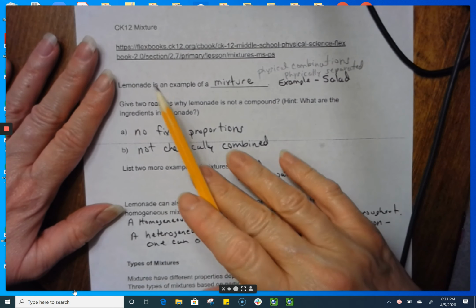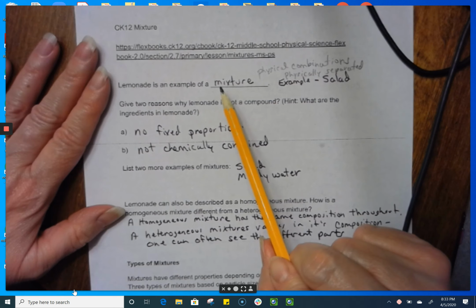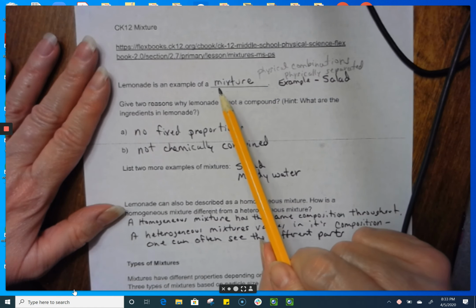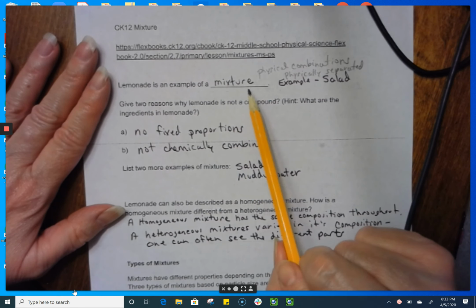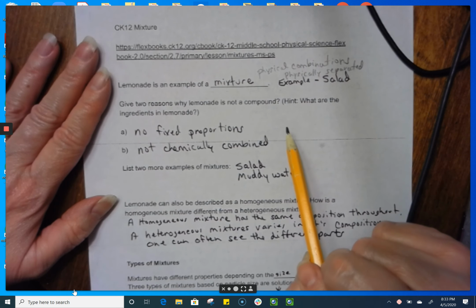On the CK12 handout that I pushed out, it talked about lemonade, that lemonade's a mixture. It's not a compound, because you can squeeze 1 lemon into a quart of water, add some sugar, and call that lemonade. Or you can squeeze 1 lemon into a gallon of water, add some sugar, and call that lemonade. Okay? So mixtures are physical combinations, and they can have different ratios.